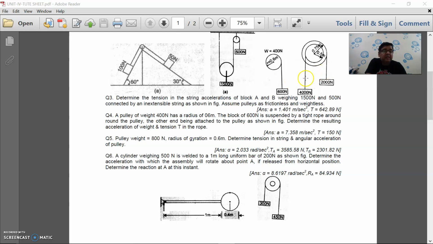These two strings will experience different tensions. So we'll determine the tensions and also the angular acceleration. Let us try to solve this.